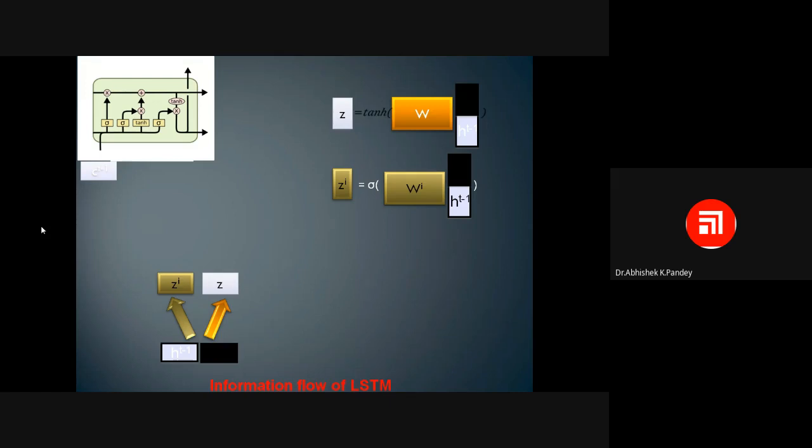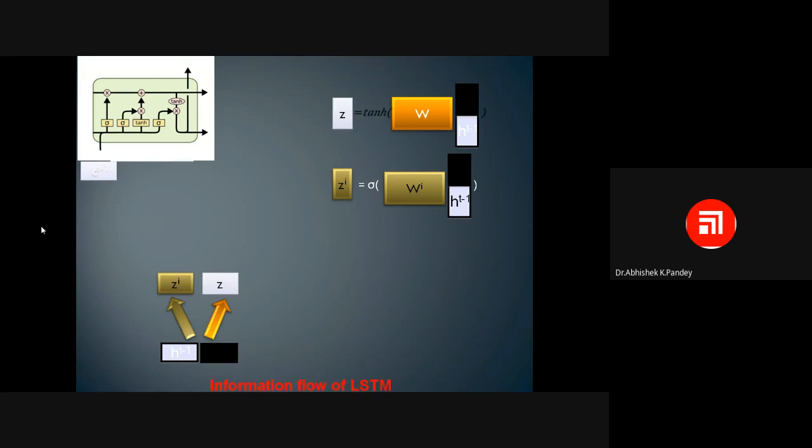So here is the internal functioning of the LSTM network. The LSTM consists of 3 parts, as I have explained. The first part chooses whether the information coming from the previous timestamp is to be remembered or is irrelevant and can be forgotten.